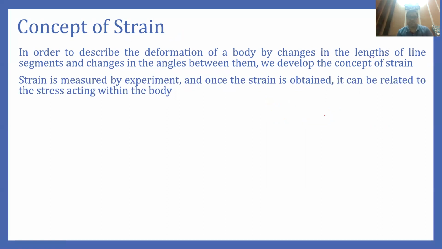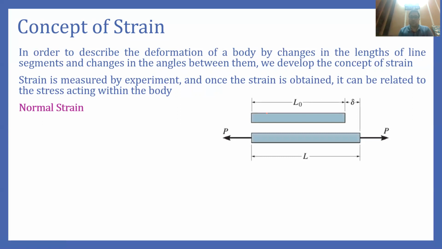So first we will discuss normal strain. Normal strain arises when a body is subjected to normal force. Now normal force can be tension force or compressive force. So if we take an example, this is a bar which is subjected to a normal tensile force. Because of this tensile force, it is stretched, which means the length of this body is extended from its original position.